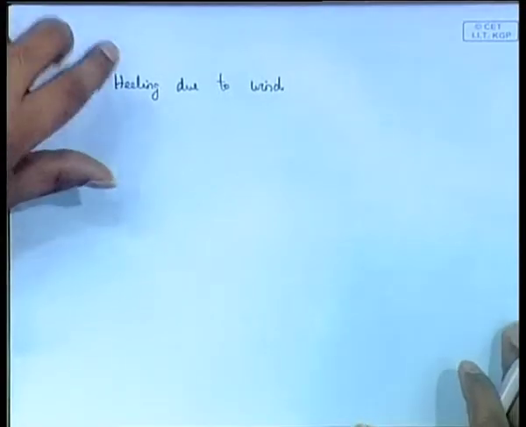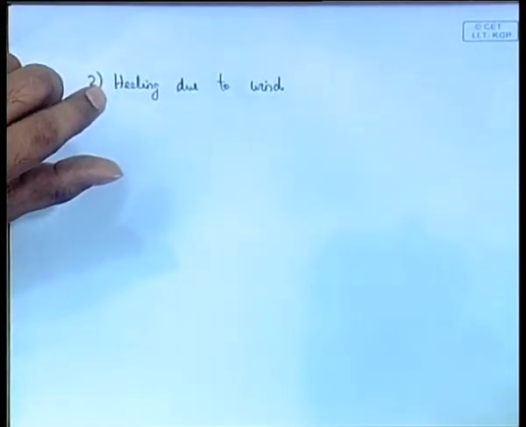Now the way in which we define the problem is like this. Suppose you have the ship here. Part of the ship below the draft is under the water, and part of the ship above the water is known as the freeboard.